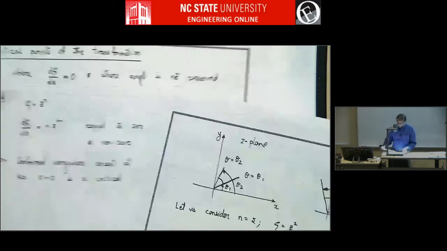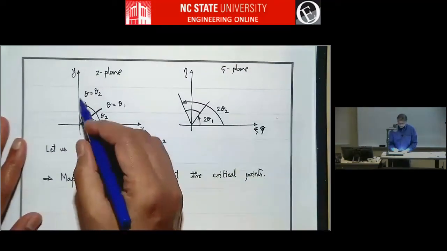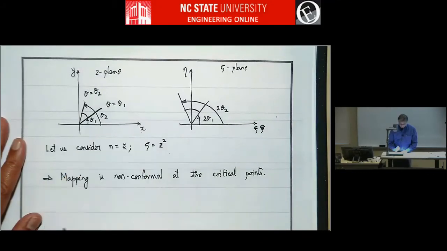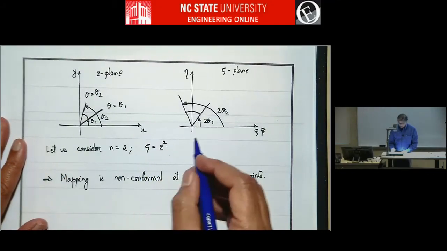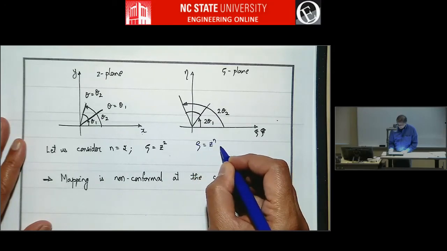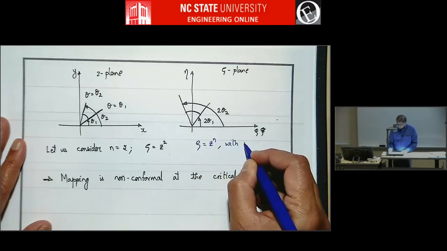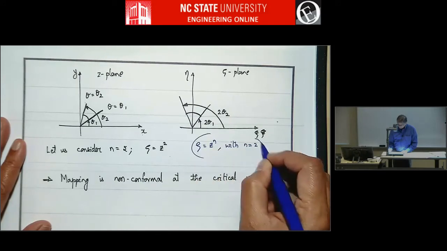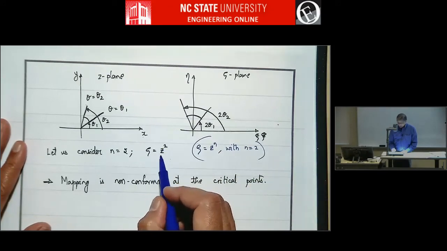So what happens exactly at z equals 0, if you use this transformation, let's say zeta equals z to the power n with n equals 2? Right, so this is zeta equals z squared.